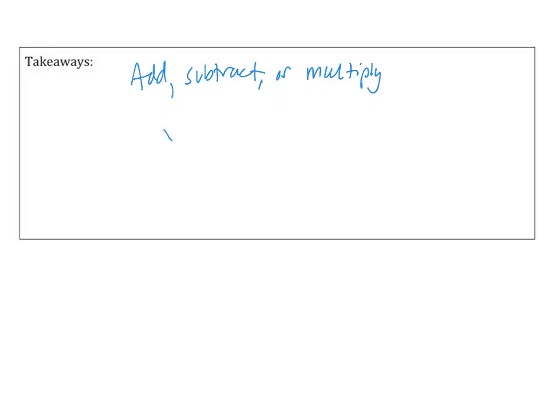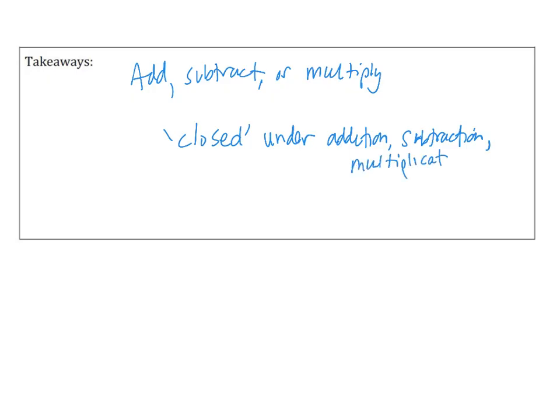We call these closed. So that means it's closed under addition, subtraction, and multiplication. So when you get that same thing as a result, so integer, when you add them, becomes an integer, subtract them, becomes an integer, multiply them, becomes an integer, we call that closed under.